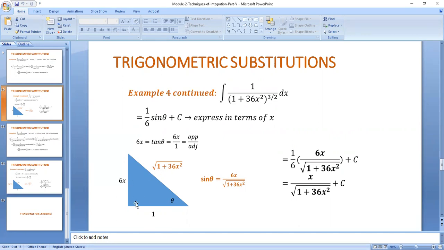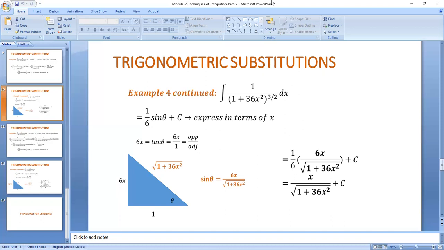So you have the square root of 1 plus 36x squared for the hypotenuse. If it's the sine that we are after, the sine is opposite over the hypotenuse. So you have it here. This sine theta should be replaced by this, as you can see here.